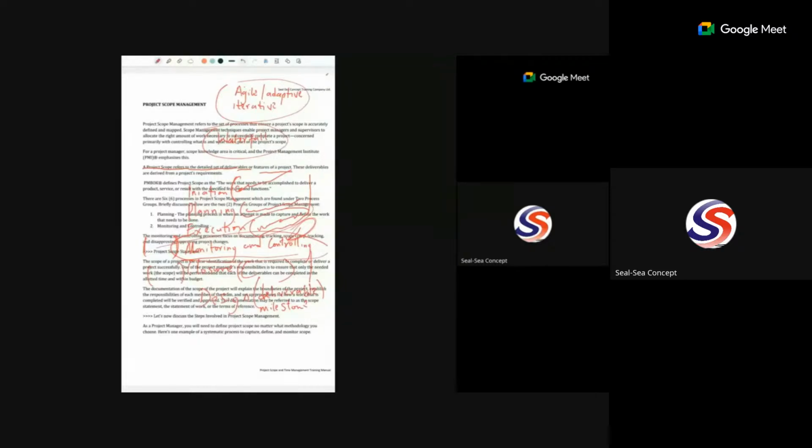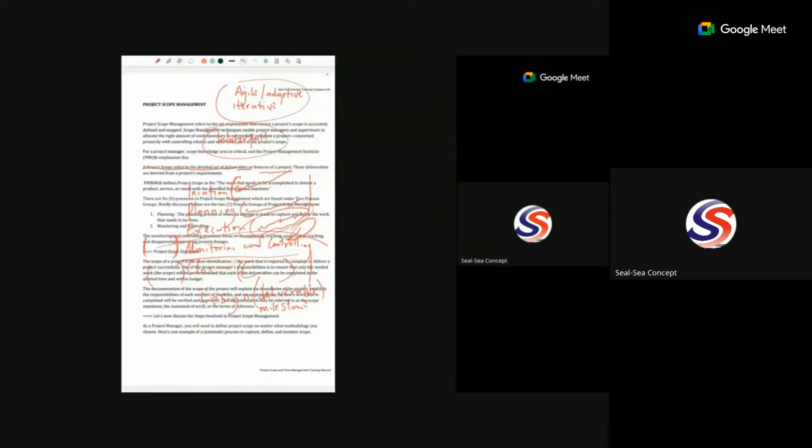So in these 49 processes, which of them deal with project scope management? We have about 6 processes that will guide us on our project scope management. And these 6 processes, we can see them only under 2 process groups. They fall under the planning and the monitoring and controlling process groups.